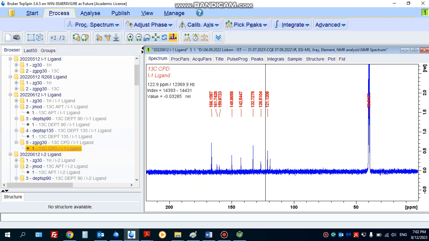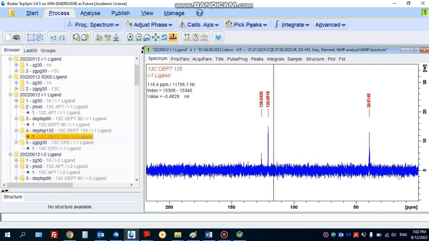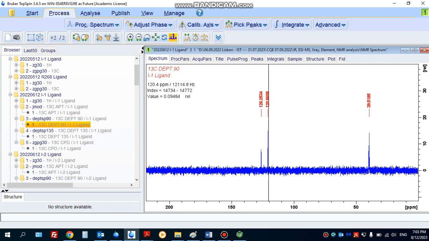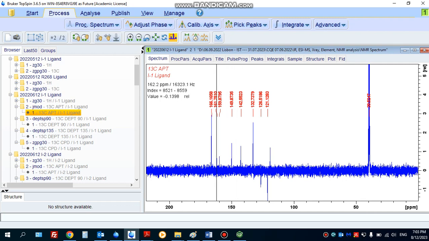So there are 8 peaks in total here, and I will not consider the solvent one. Then if I go to DEPT 135, there will be only 2 carbon peaks and 1 solvent peak. If I go to DEPT 90, there will again be 2 peaks plus the solvent peak. And if I go to APT, there will be 8 peaks and 1 solvent peak.